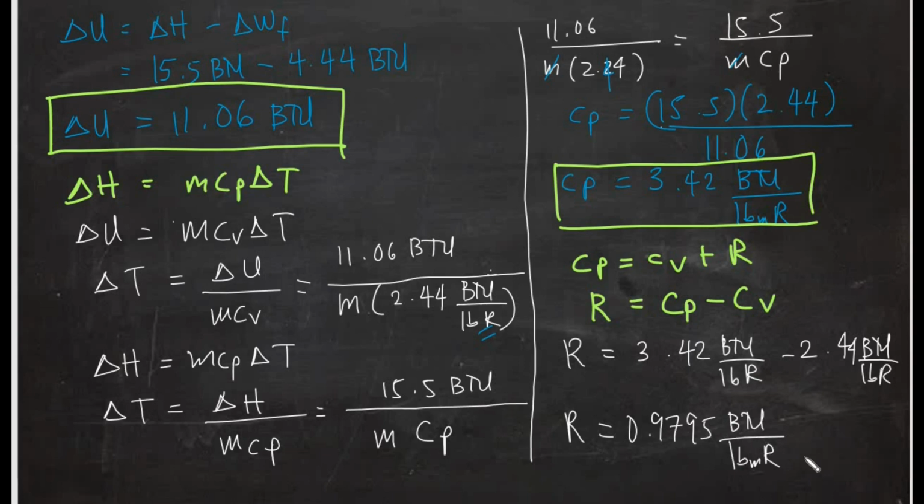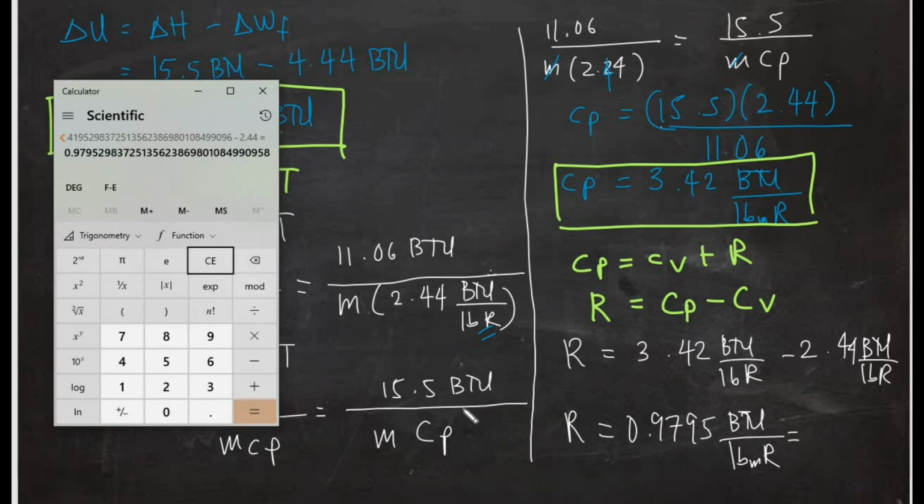Now it would be possible that the problem would ask for a unit in pound force feet per pound mass Rankine, because that is the more common unit for R, but this is also an accepted answer.